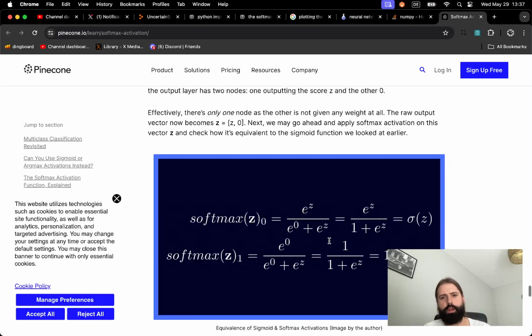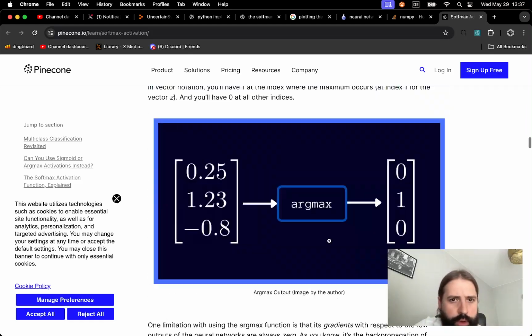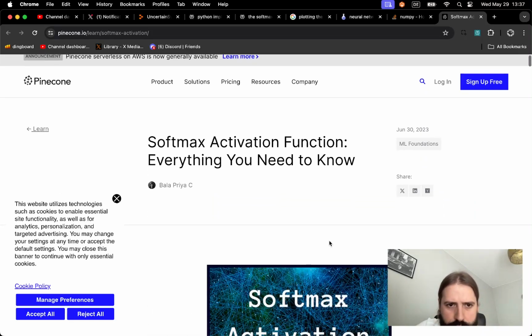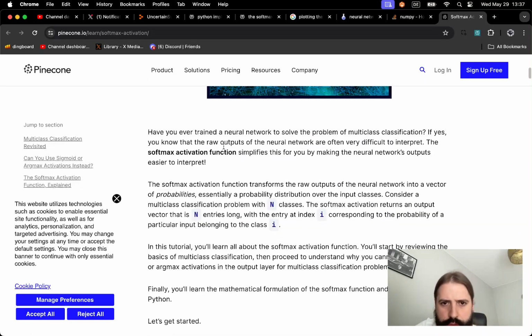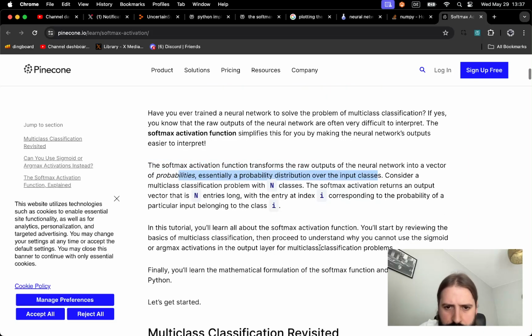Okay, so this seems like an article worth reading. So okay, we train neural networks for classification. Yes, so it's making neural network outputs easy to interpret, turning the raw outputs of neural networks into a vector of probabilities, a probability distribution. Okay.